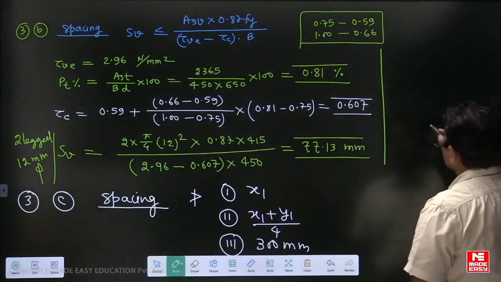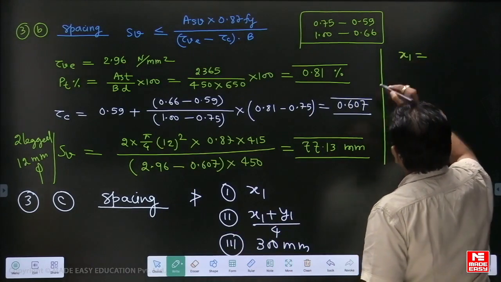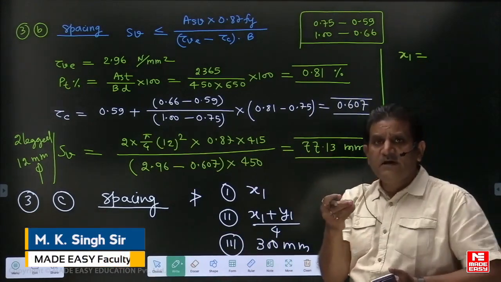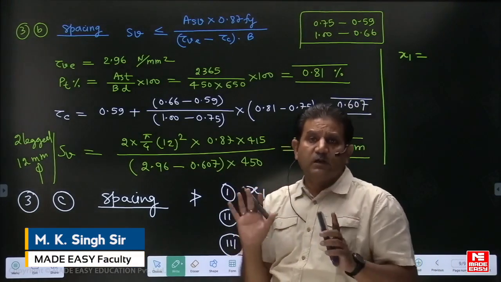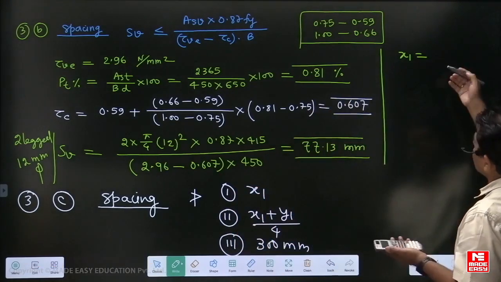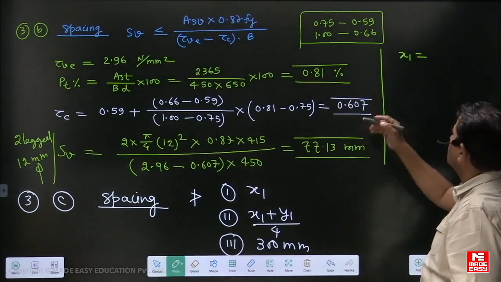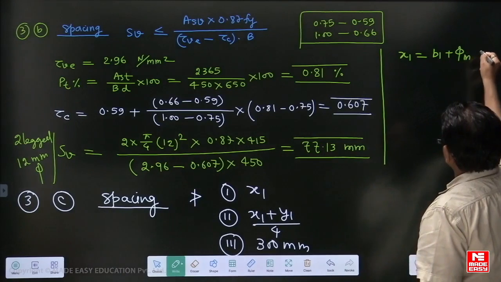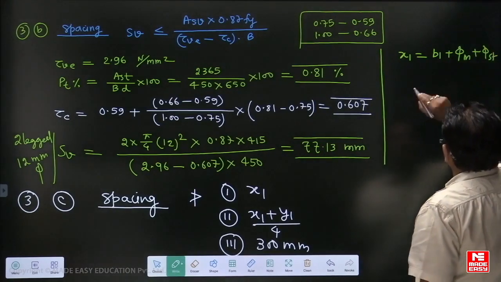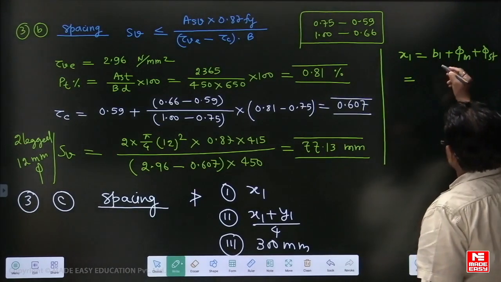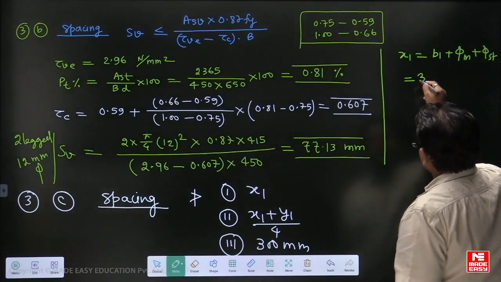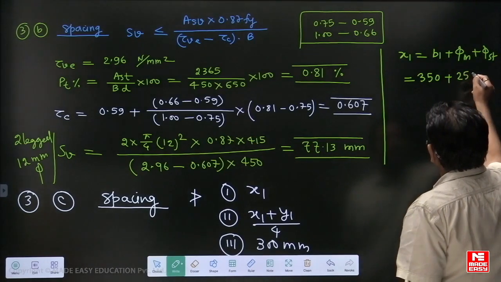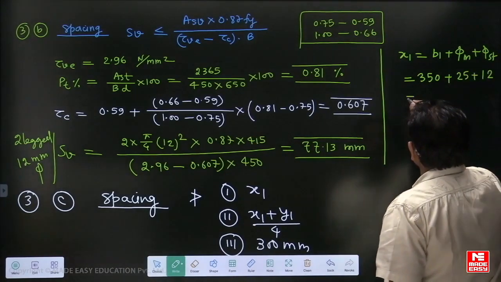If I calculate, see here, x1 will be the shorter leg of the stirrup. A leg of the stirrup will be a little bit more than the b1 and d1 values. It's okay. Even if you take b1 and d1, you will get a very high value, because b1 plus the diameter of main plus the diameter of stirrup gives you this x1 value. b1 was 350 plus diameter of main, we are using 25, plus diameter of stirrup, you are using 12.